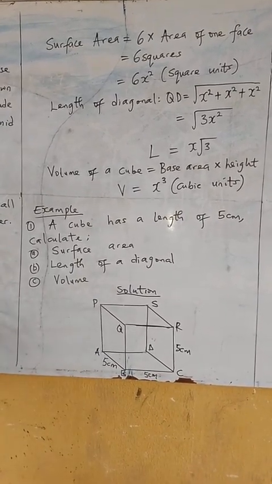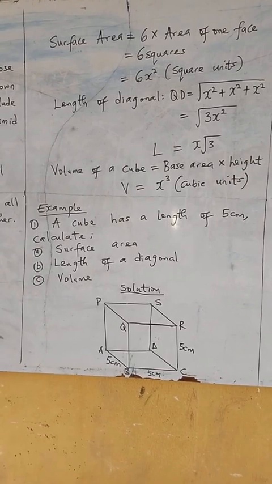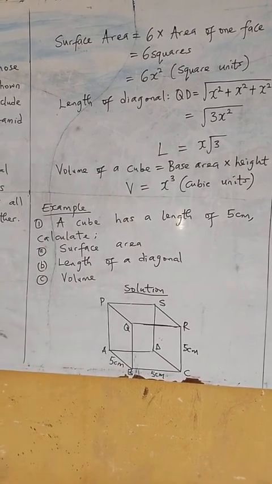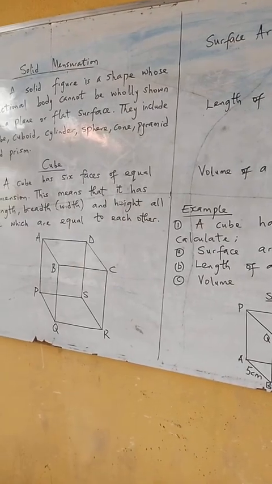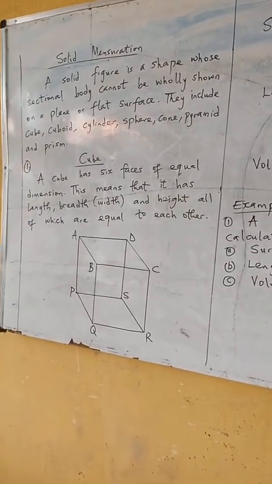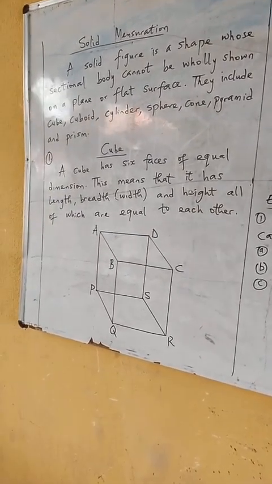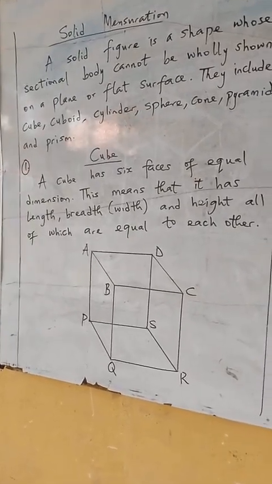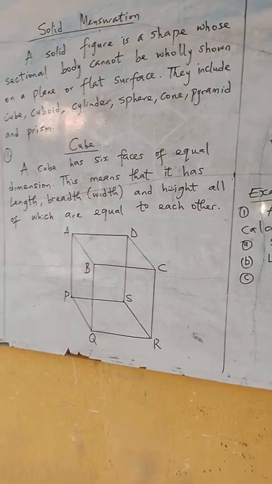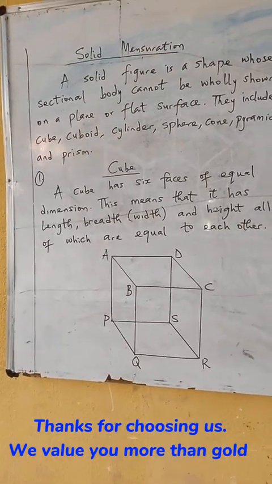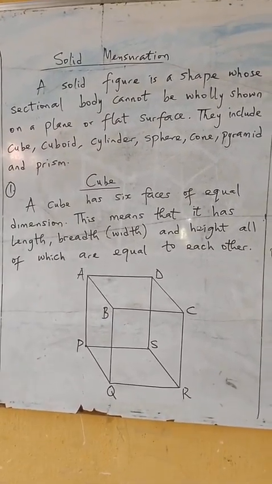Calculate the surface area, the length of a diagonal, and the volume. So for us to do that, it's very simple. All we need to do is to apply the formula. That's the only thing that we need to do.